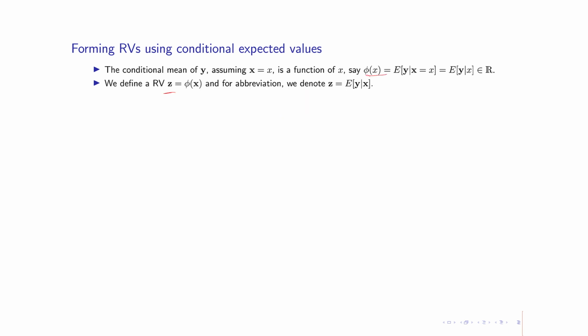So remember that this notation is just: do the integral and then replace x by X in order to define a new random variable. This is how to form a random variable using the conditional expected value. This notation is an abbreviation of these two steps: do the integral and then replace x by X.